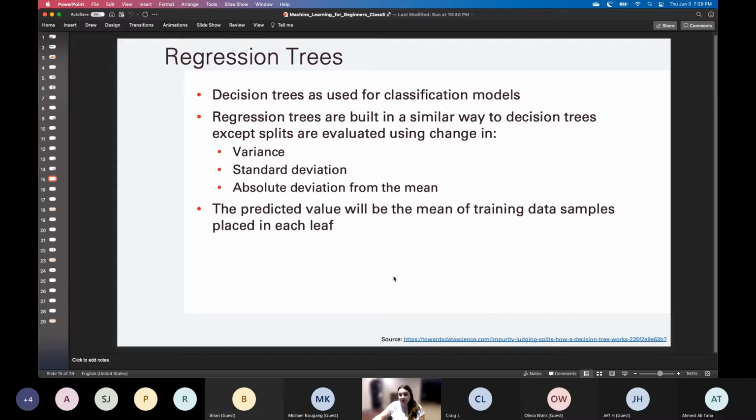You can also make each node a linear regression. That is something that happens and people use. I'm not going to go over that today, but know that it is an option as well. This is more just looking at the information gain, just like the classification model did. Are there any questions about this one?